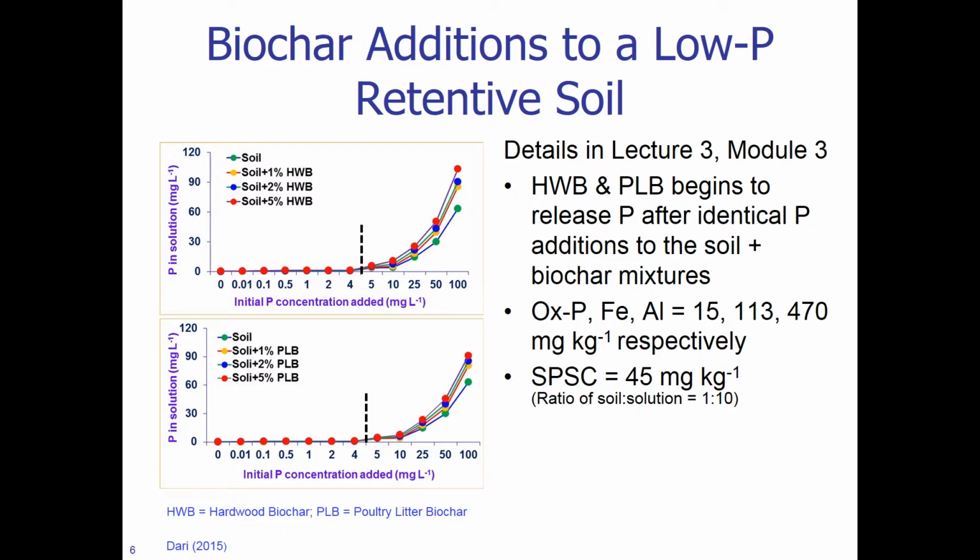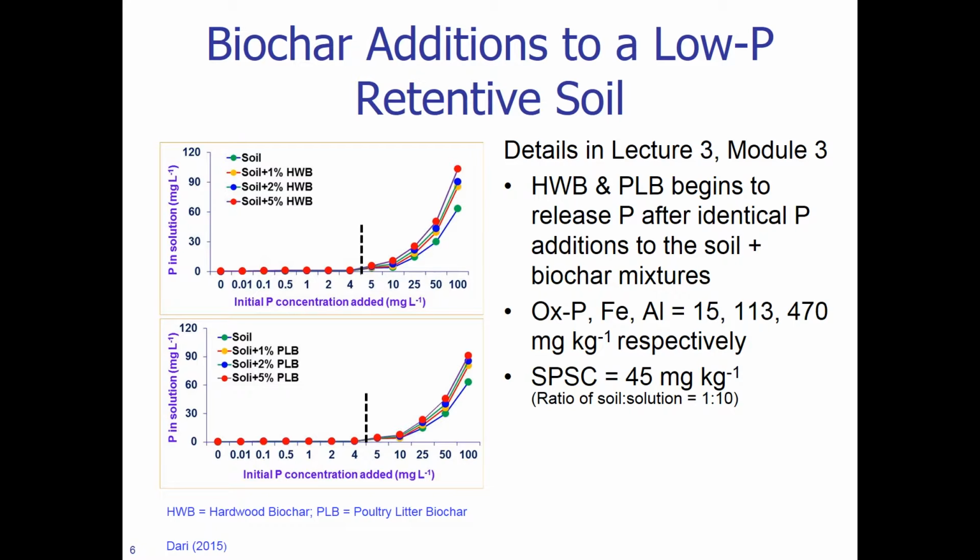The SPSC is calculated from P, iron, aluminum in an oxalate solution, and the SPSC corresponds to 45 milligram P per kilogram. From the figure, you will notice that at the addition of about 4.5 P to the soil or the soil biochar mixtures, the P begins to be released.